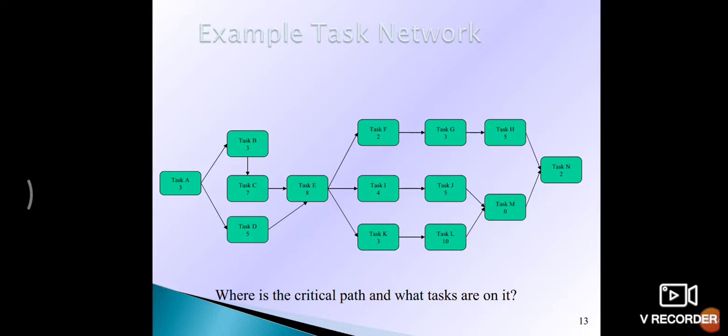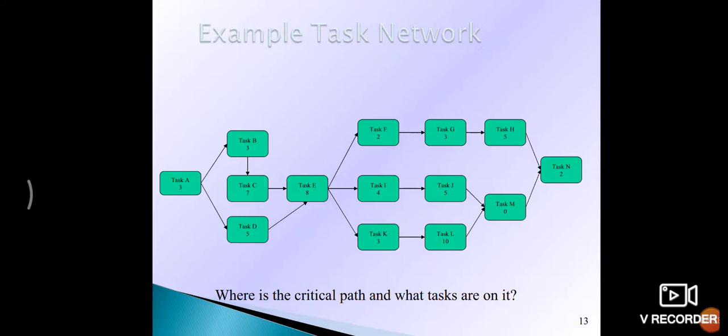This is an example of a task network. Task A, task B, and task C. You can see how the task is subdivided and bifurcated into different modules. We start off with the numbering which is given in weeks. Task A will take 3 weeks.